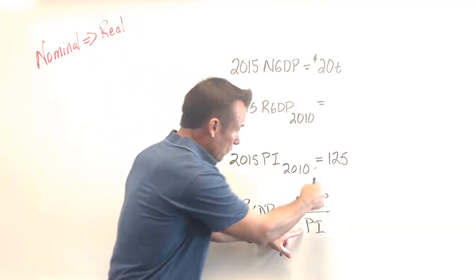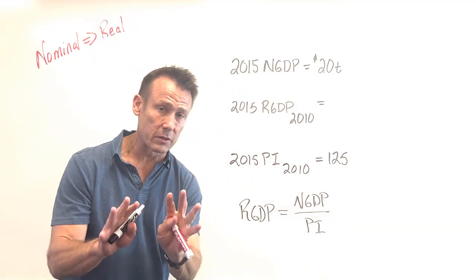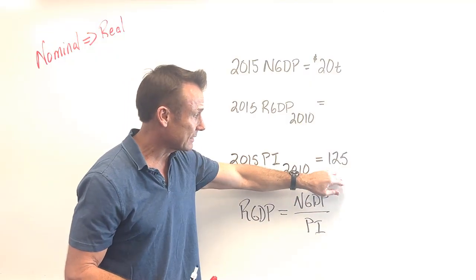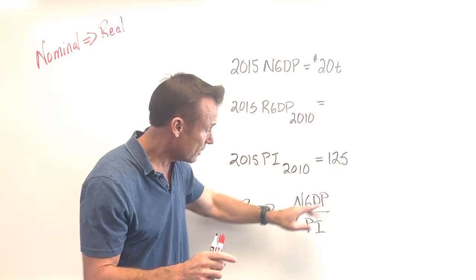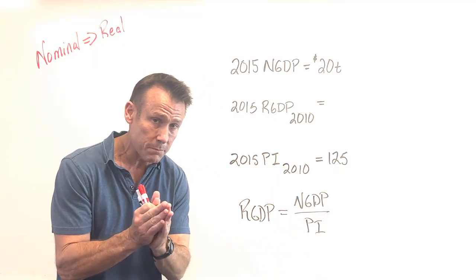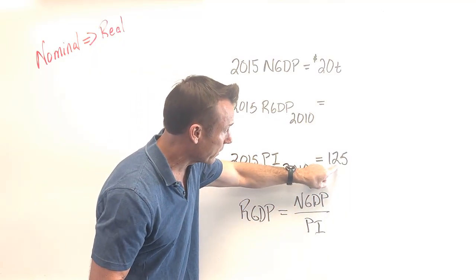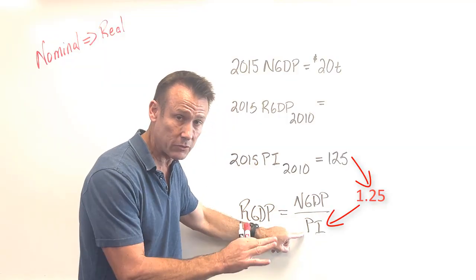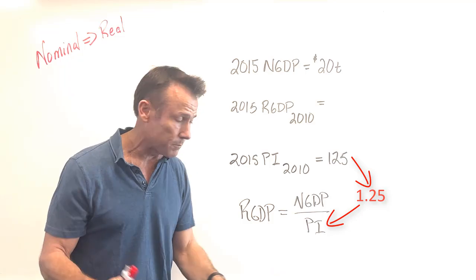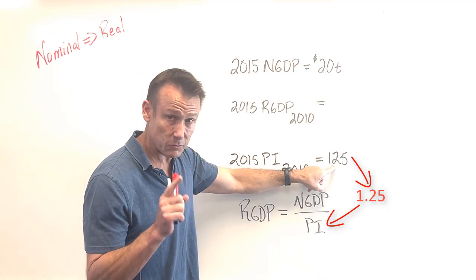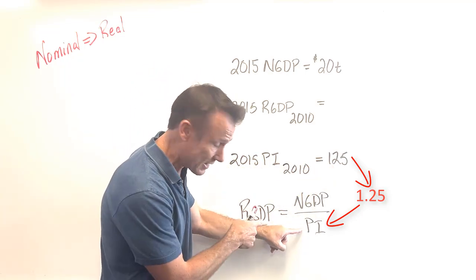Right here, we're going to put the 125, but here's a really important point. Like I said earlier, that is actually a percentage. So when we put it here, it's really important that we put 1.25. If you put 125, you're going to get way too small of a number. So we have to take this percentage and put it into decimal terms.